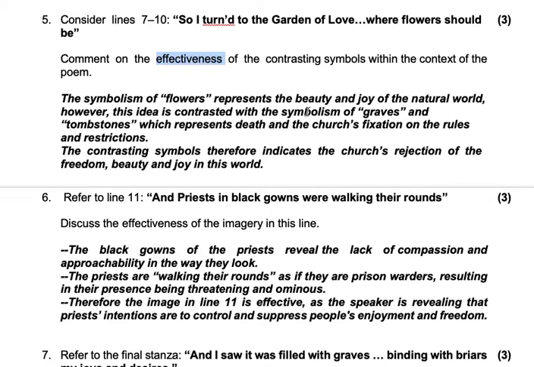So, for example, if somebody is super tall, and you are saying that boy is like a giraffe, is that image or that figure of speech effective? Yes, it is effective. A giraffe is tall, the boy is tall. So it fits together.